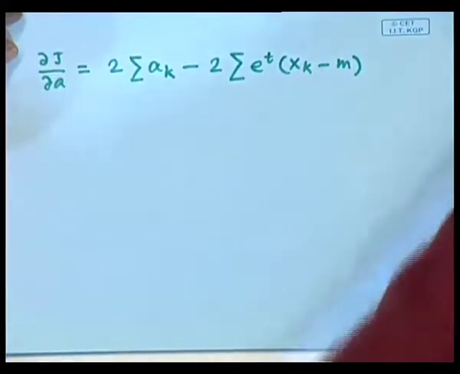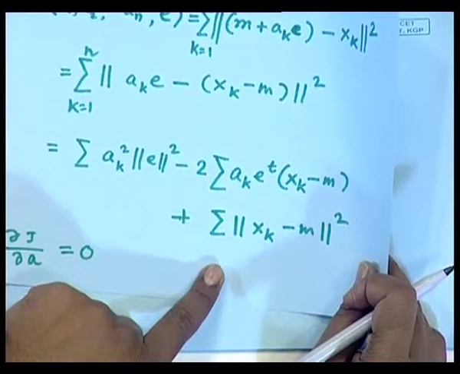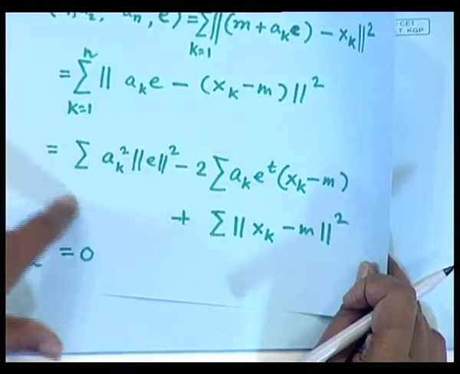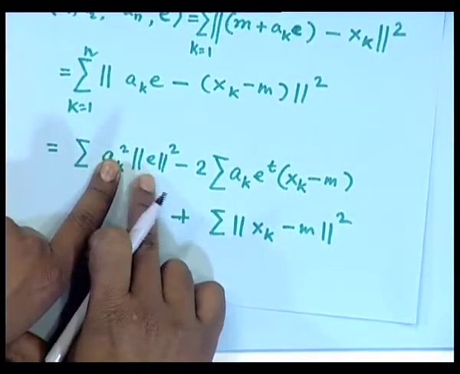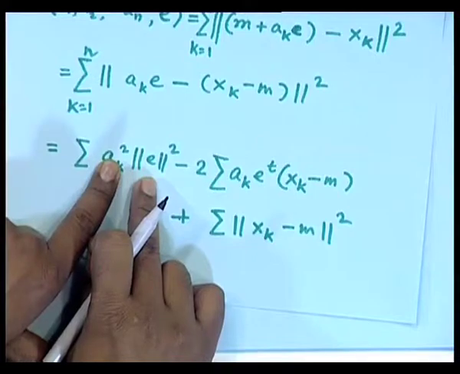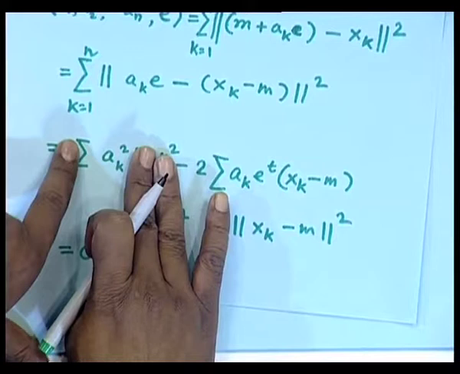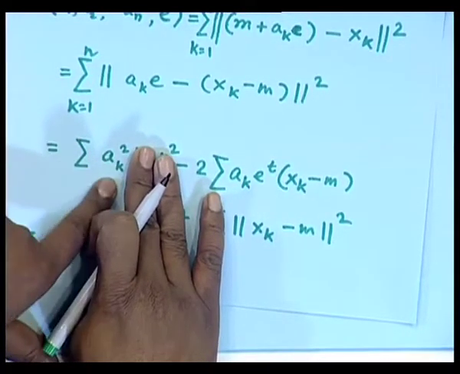Okay. And what I forgot is the mod of E is equal to 1, because it is a unit vector in the direction of the line. So, mod of E is equal to 1. So, effectively what I have is summation of a k square. Take the differentiation, that becomes 2 times a k.